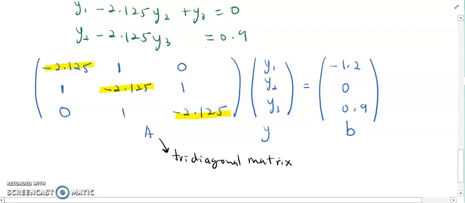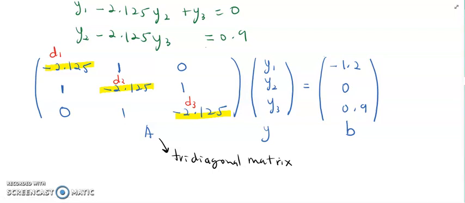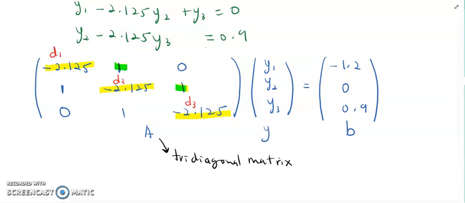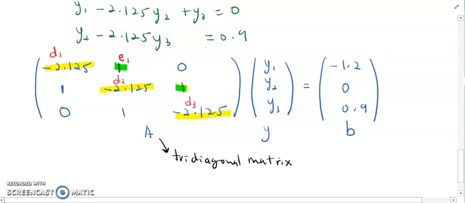This is the D term: D1, D2, and D3. And the upper diagonal, the diagonal above the main diagonal, is the value of E. We start with E1, and then this is E2.